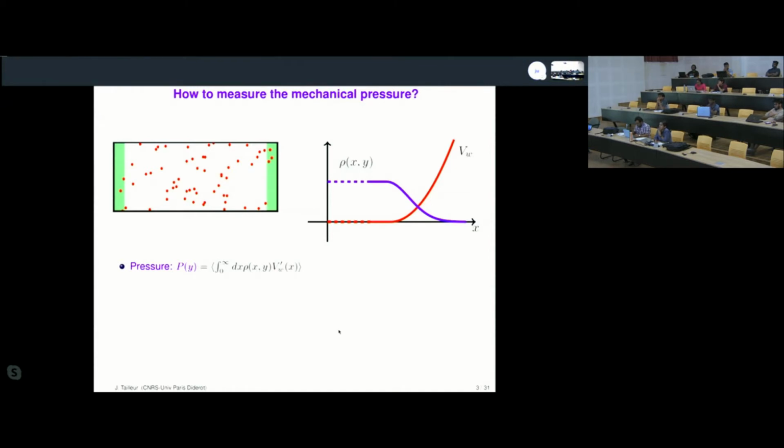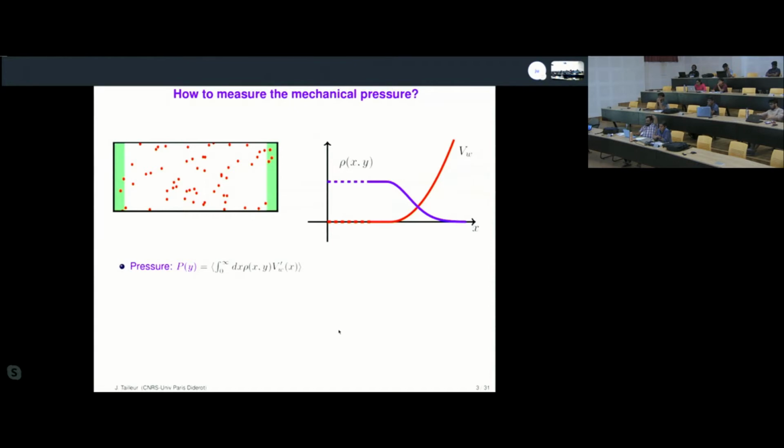So you have to compute a force density per unit length. If you take rho of x,y, the density of particles, that's the density per unit area. Each particle experiences a force minus V prime from the potential, and so it exerts a force plus V prime on the wall. So the local force density is rho times V prime.